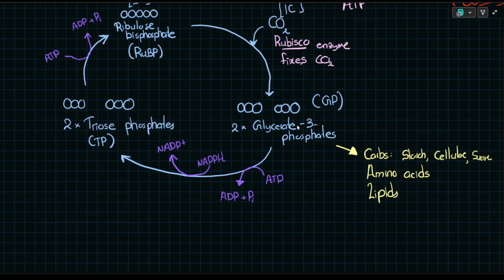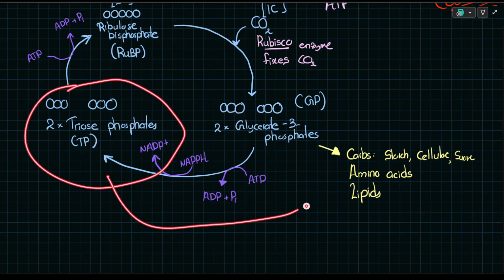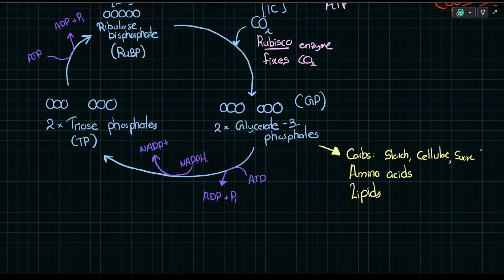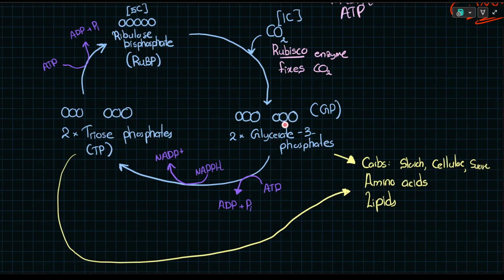Not just that, the triose phosphate is also useful to produce these. So I'm just going to draw an arrow onto here just like that. Now, if you have noticed, here we have 6 carbons.